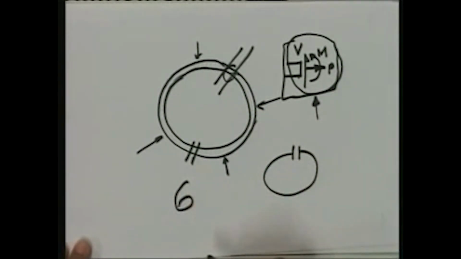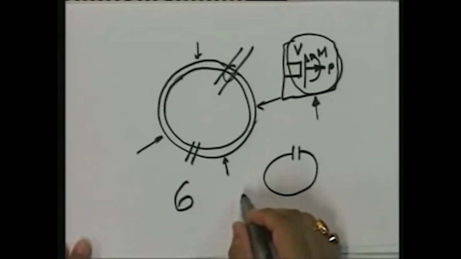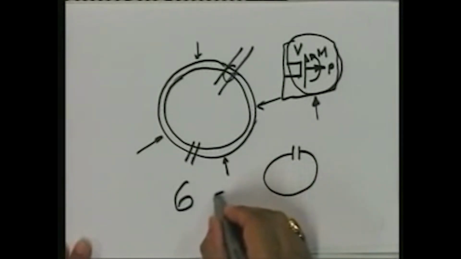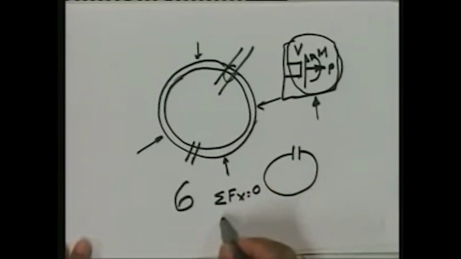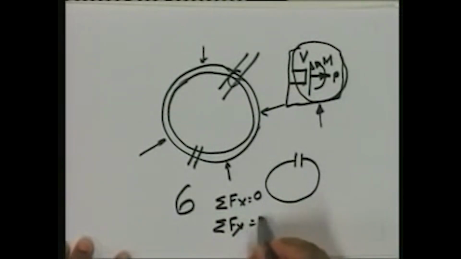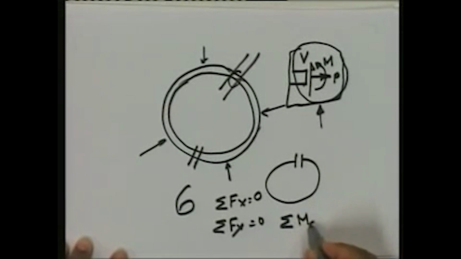6 unknown forces. And for one free body in a plane, how many equations of equilibrium can you generate? 3. What are they? Sigma Fx equal to 0, sigma Fy equal to 0, and sigma moment about any point equal to 0.